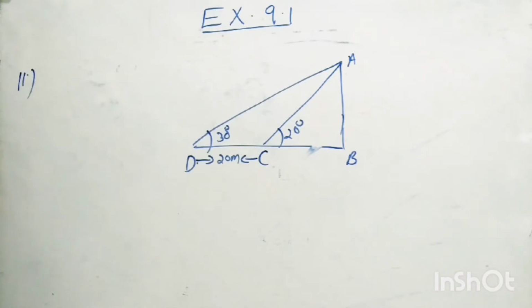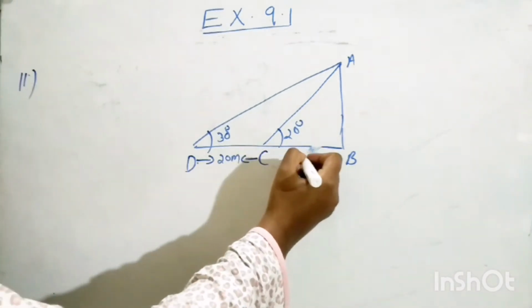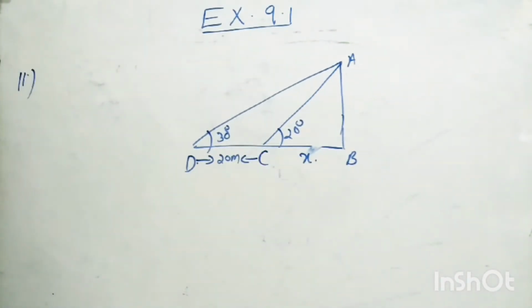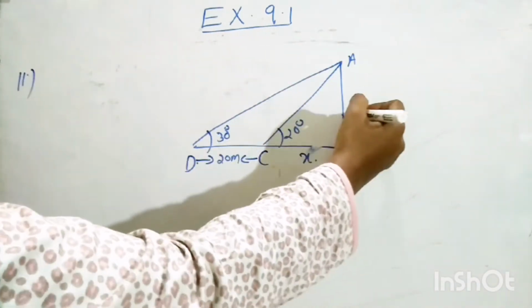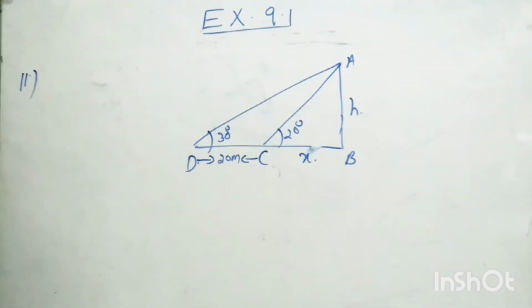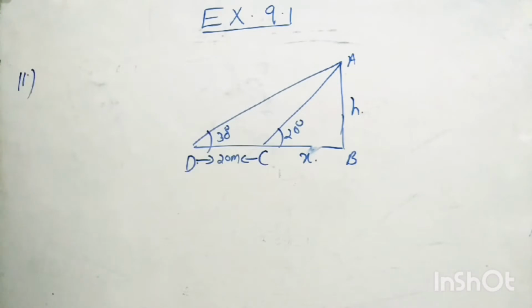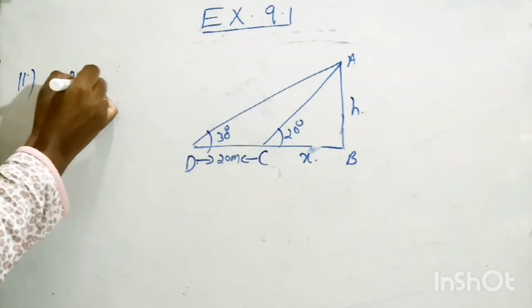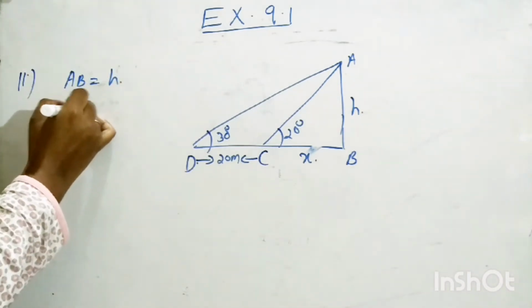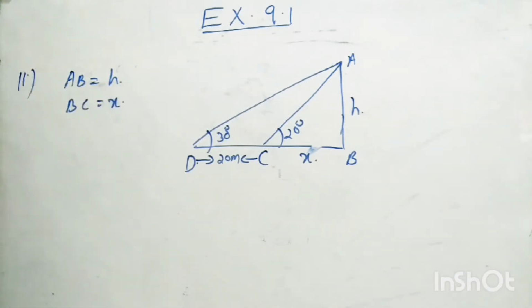Now, we will take this value as x and the height of the tower as h. Let AB equal h and BC equal x.